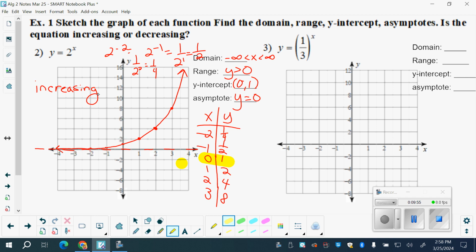Okay, now we're going to do y equals (1/3) to the x. Let's make a table again. Okay, so let's start with the 1. What's 1/3 to the 1? 1/3.